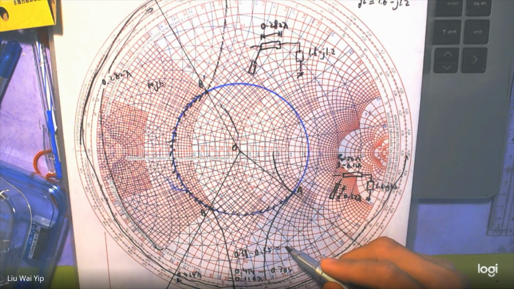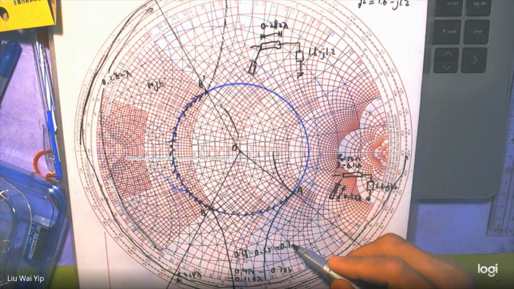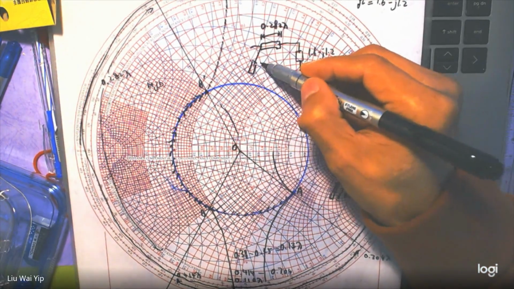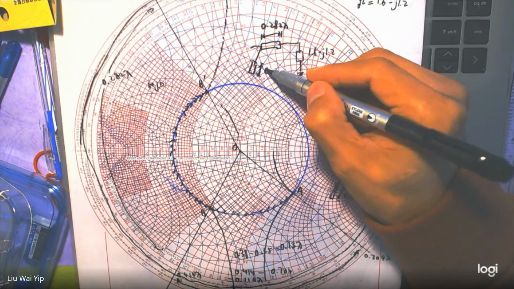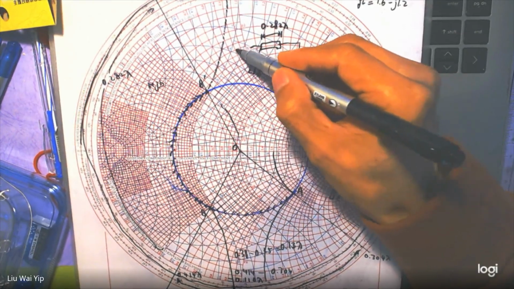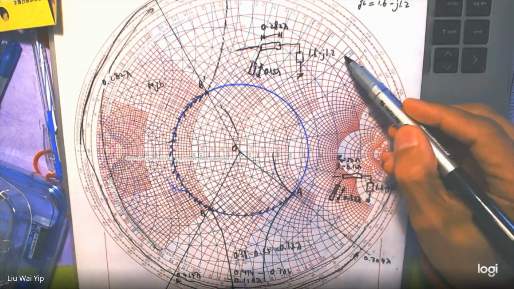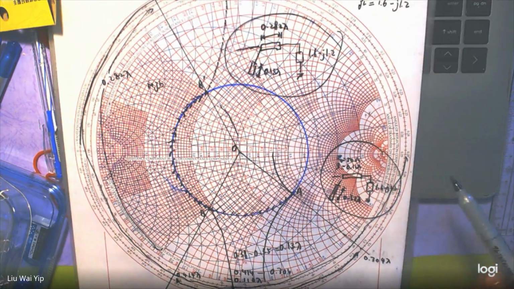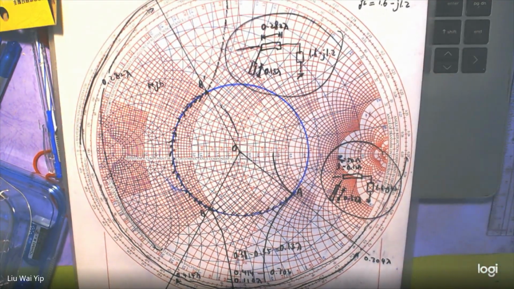So the length here will be 0.13 lambda. So you have two solutions. One is this solution, the other is this solution. Okay, both will work. Thank you.